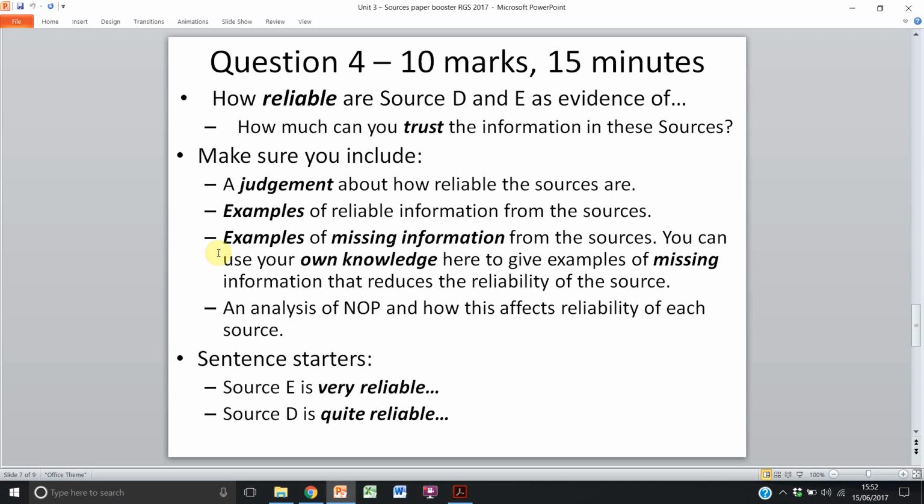And this is again where your own knowledge will come into play, because you need to say, source D tells me this and this and this, however, it's missing this, and therefore it's not as reliable. Because if there's pieces of missing information, that reduces the reliability of a source. And then the final thing that you need to make sure you include is that analysis of nature, origin and purpose, and how that affects the reliability of each source.